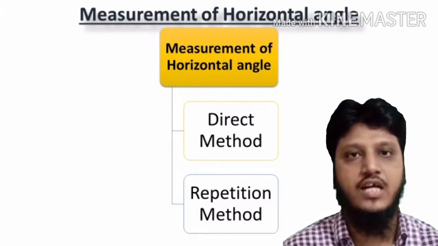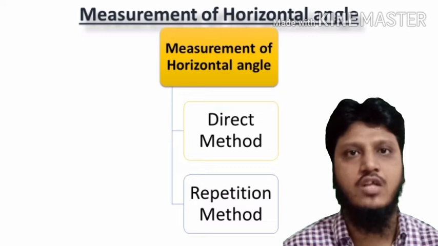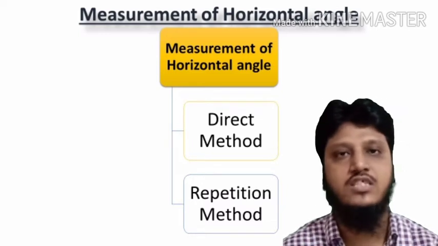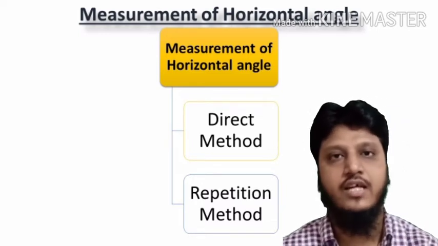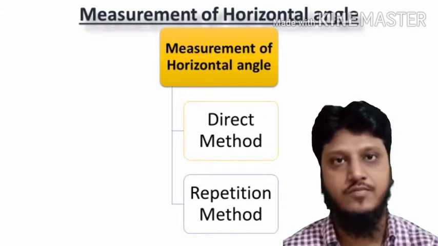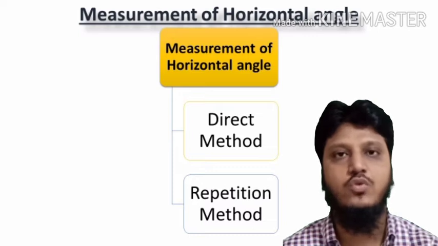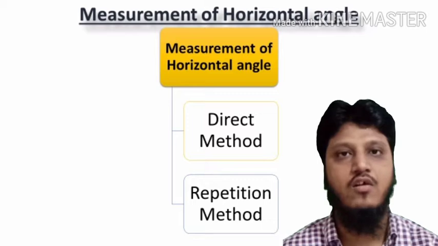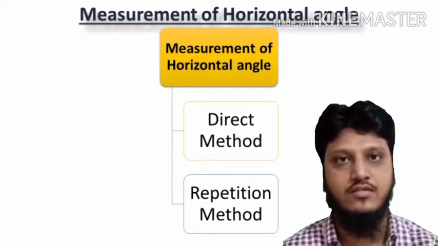With the help of theodolite we can measure the horizontal angle by two methods. First is the direct method, and second is the repetition method. By these two methods we can measure the horizontal angle with the help of theodolite.